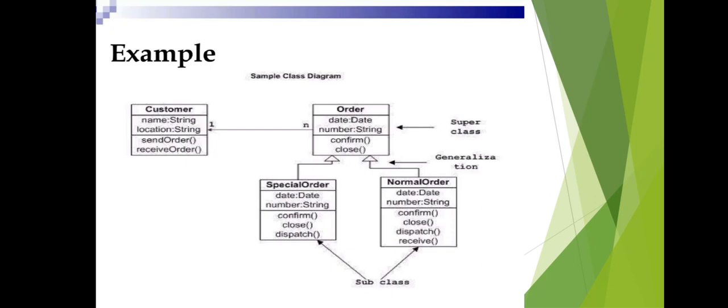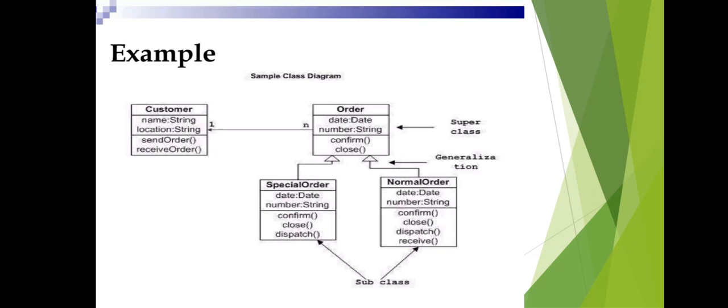The last slide of class diagram is an example of a class diagram. This example is the class diagram of the relationship between Customer and Order. Customer has two attributes, name and location, and two operations, send and receive.